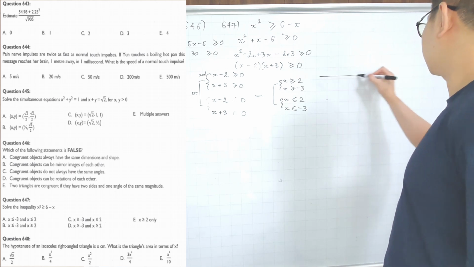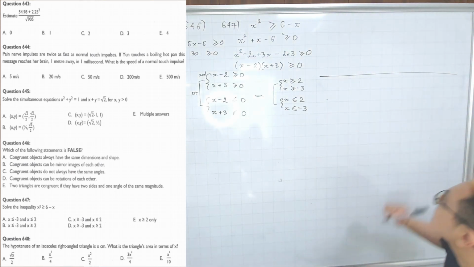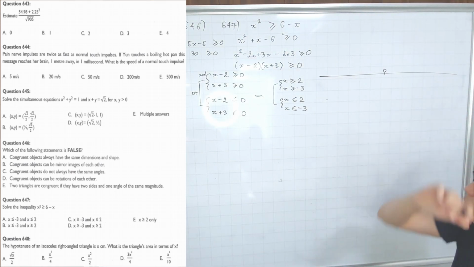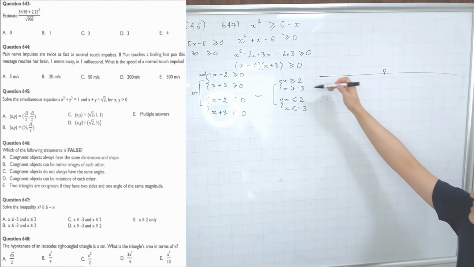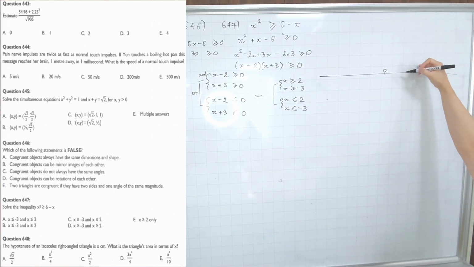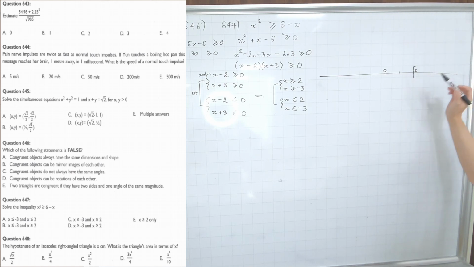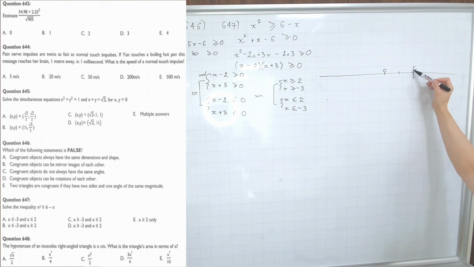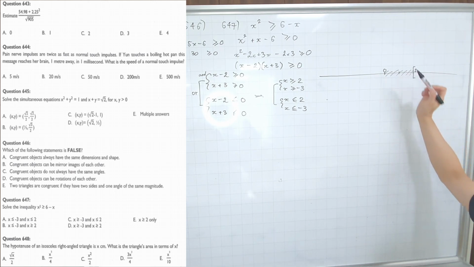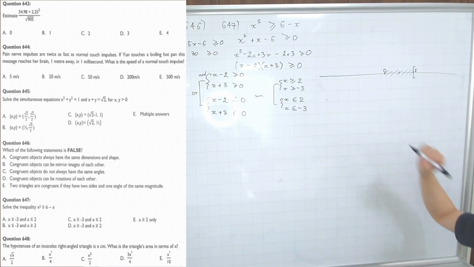So first things first, this is 0. x bigger or equal to 2, and then x has to be bigger or equal to minus 3, right?